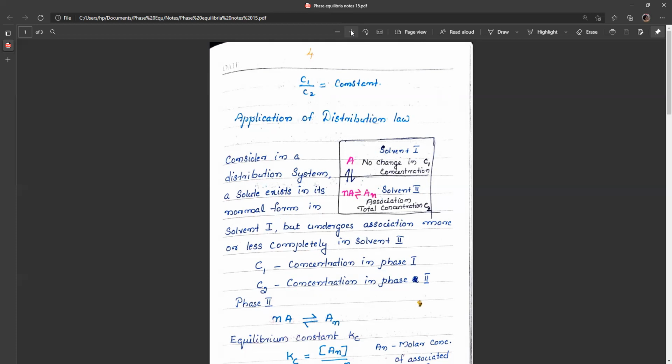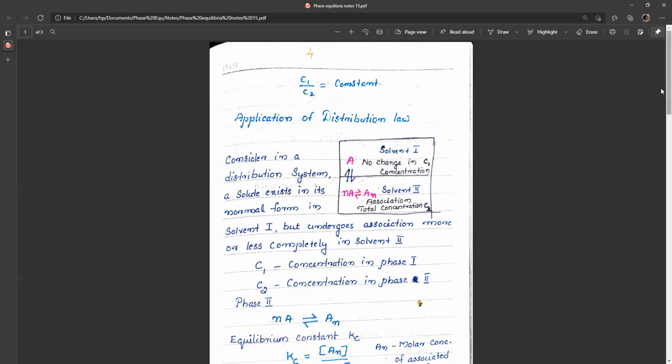So the total concentration of A in phase 1 is C1, and the total concentration of A in phase 2 is C2.